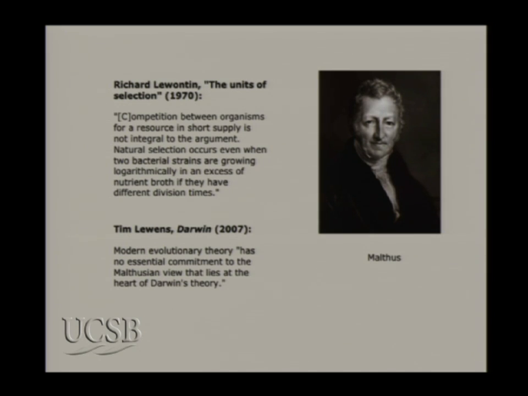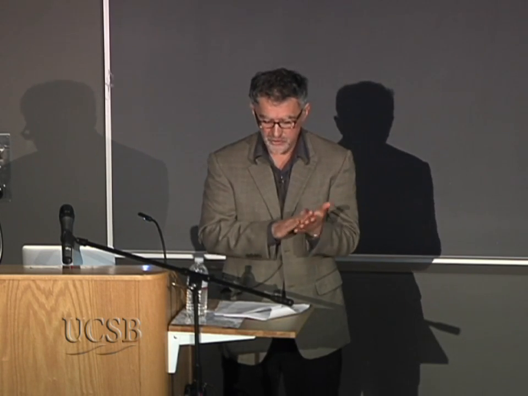Tim Lewens, in another one of his books, the Darwin book, says something similar. He says that modern evolutionary theory has, quote, no essential commitment to the Malthusian view that lies at the heart of Darwin's theory. Now, again, I suggest that the issue looks different across the context of distribution and origin explanations.